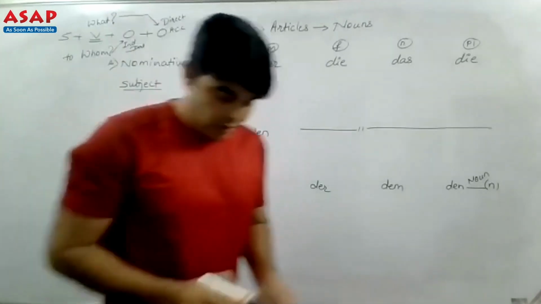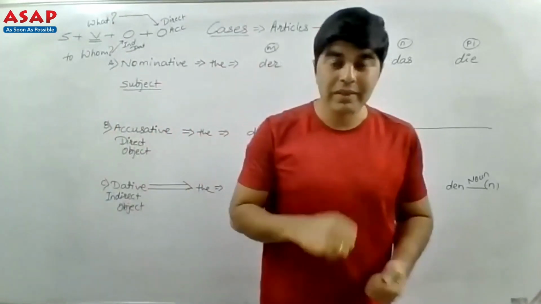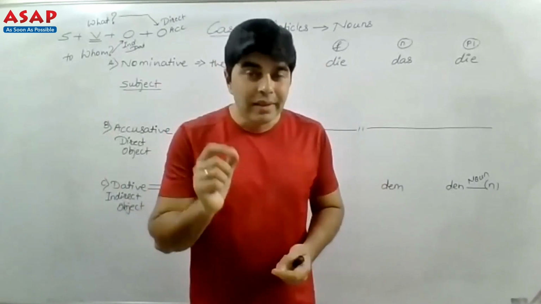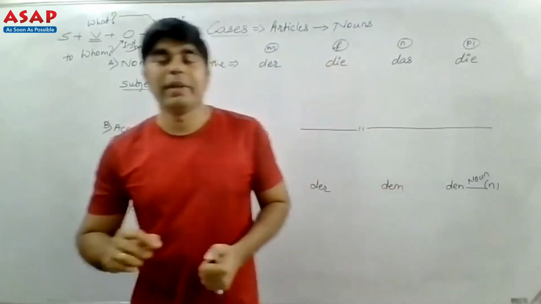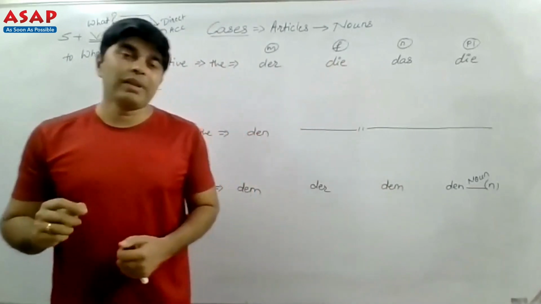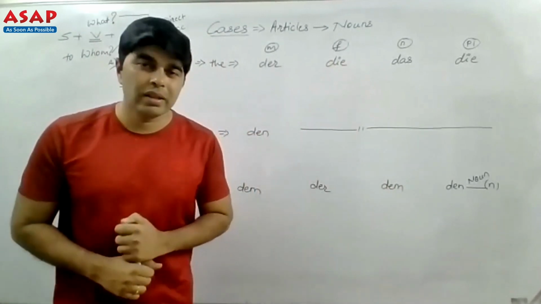The answer for to whom will be the indirect object, that will be dative. So now you have two objects in one sentence: one is the direct object, the second is the indirect object. Which object will take accusative and which will take dative?